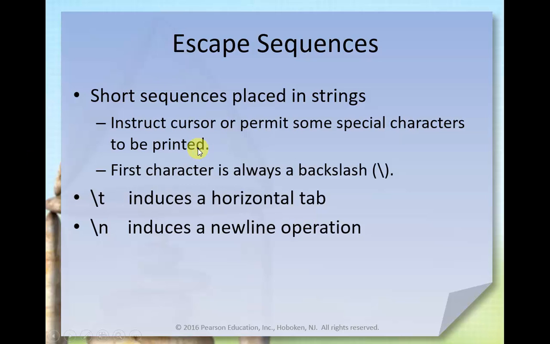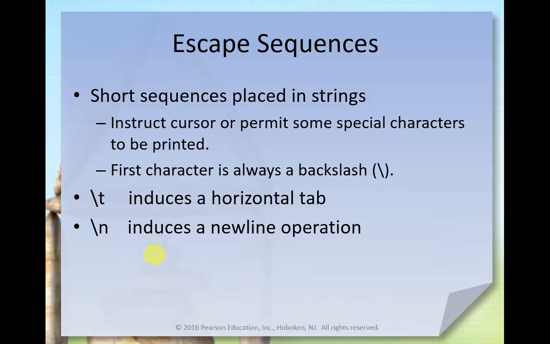Another thing is the escape sequence. These are special characters that you can put inside of a string that will cause certain actions to occur. The 2 more common ones are the tab and the new line. So you can do a \t for a tab, or a \n to insert new lines where you need them.